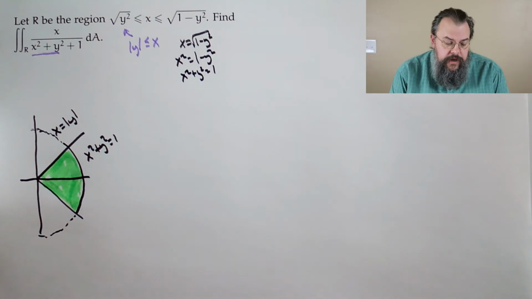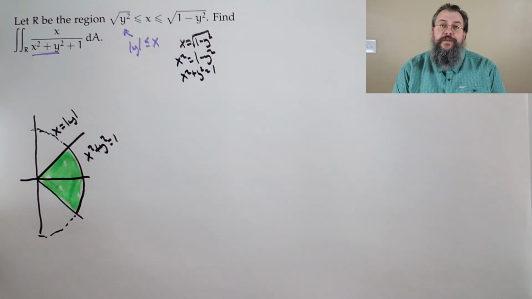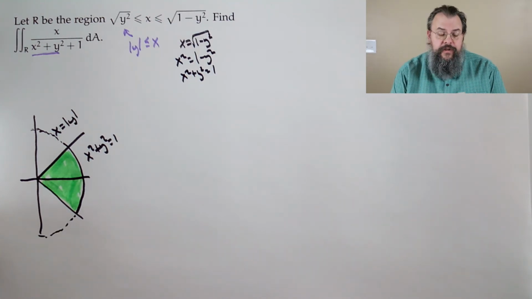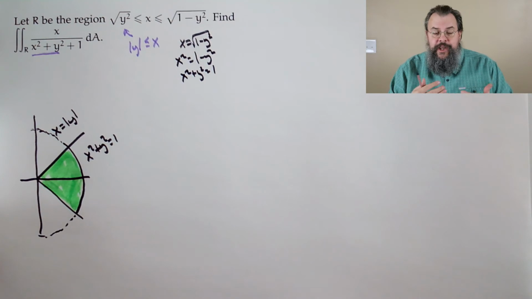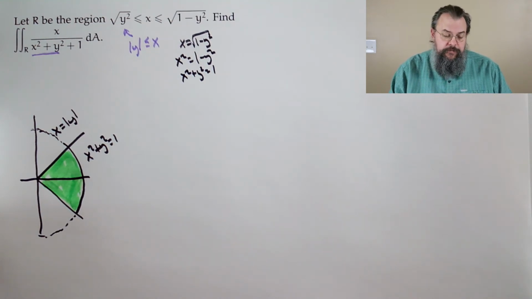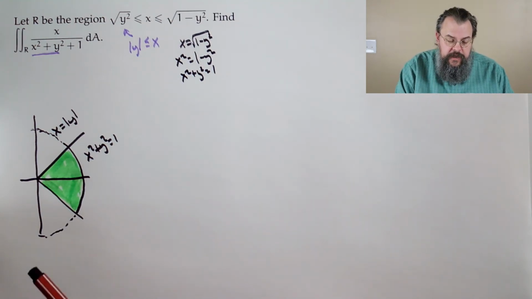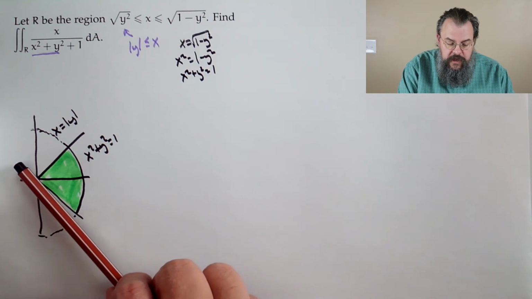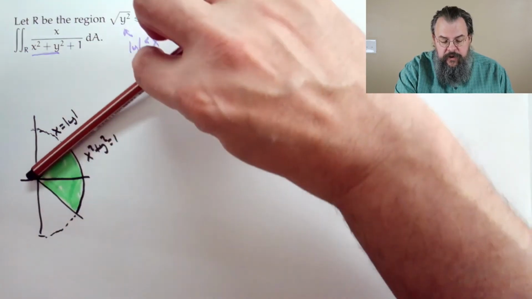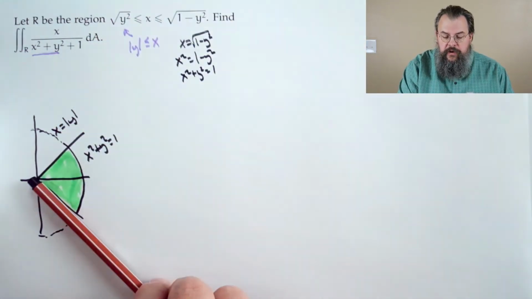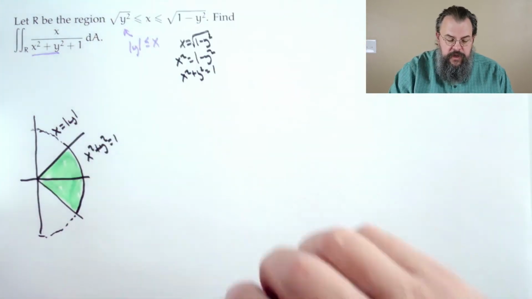So, where to from here? Well, looking at this, what's the description in terms of polar coordinates? In other words, in terms of r and theta, what does this region become? For theta, we start down there and swing around to up there. So where does our angle go between?